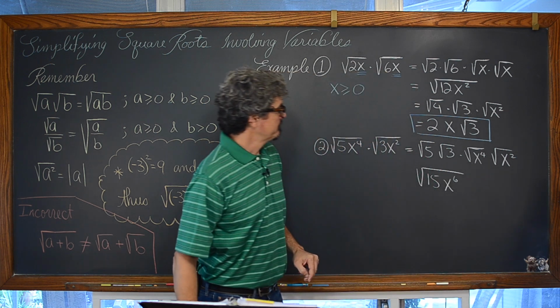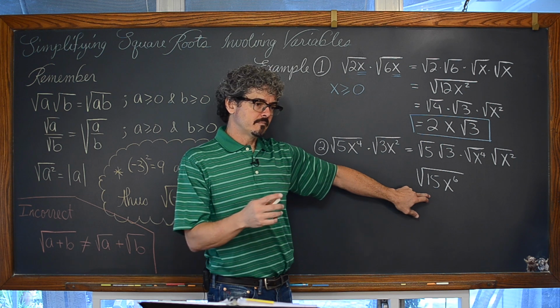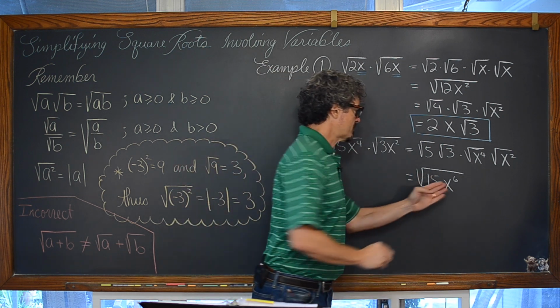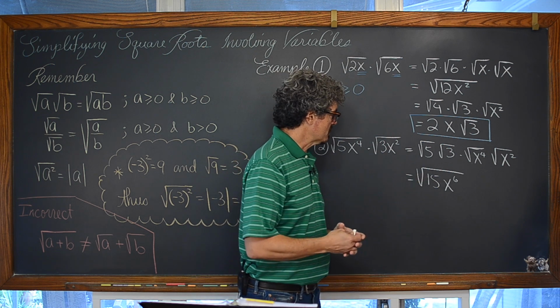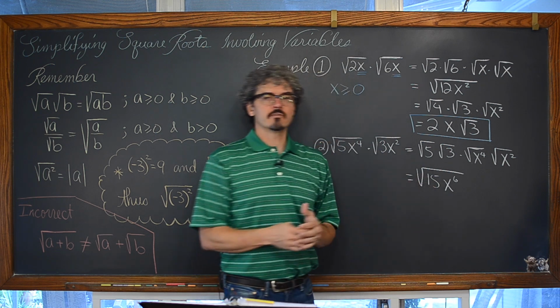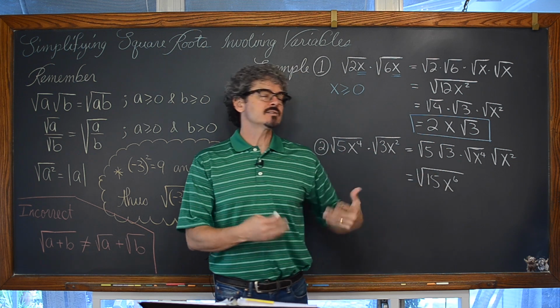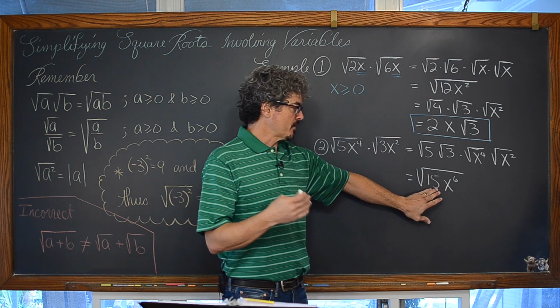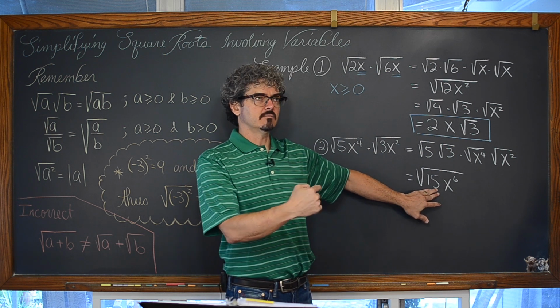Now, like we had up here, this may be the way that our final answer is given, that we'll give to our teacher, but it's not the final version of our answer if this expression inside the square root has any perfect squares in it. Are there any perfect squares which are factors of 15? 1 and 15, 3 and 5.